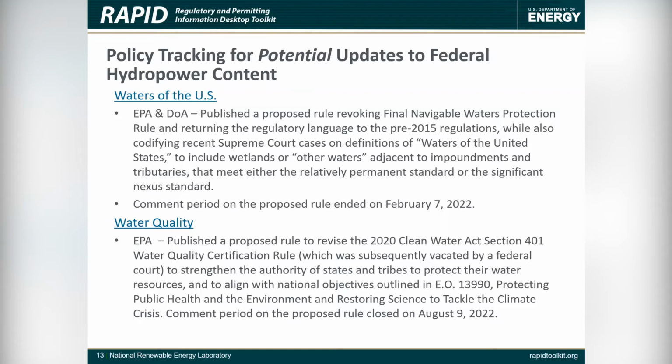The EPA and Department of Agriculture had published a proposed rule revoking the Trump administration era final navigable waters protection rule and returned the regulatory language to the pre-2015 regulations, while at the same time also codifying recent Supreme Court cases on definitions of waters of the United States to include wetlands or other waters adjacent to impoundments and tributaries that meet either the relatively permanent standard or the significant nexus standard. The comment period on that proposed rule ended on February 7th, 2022.